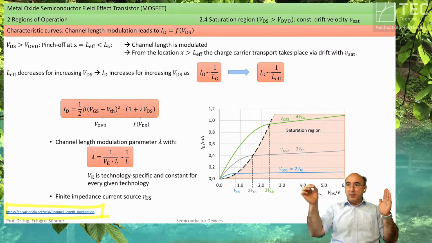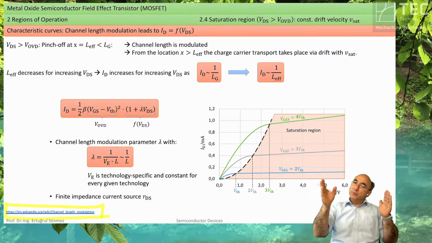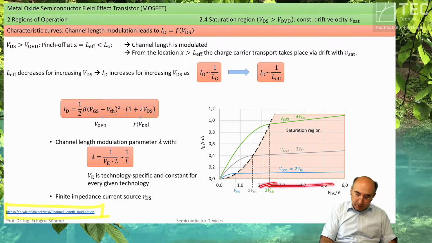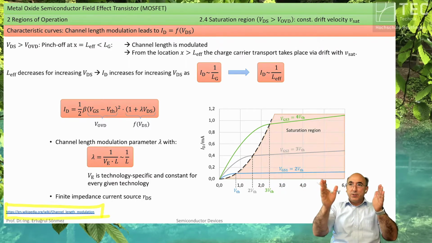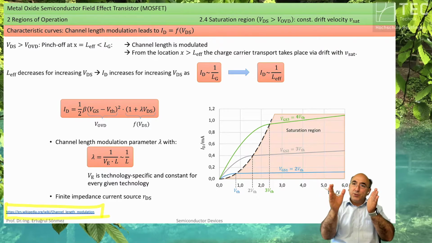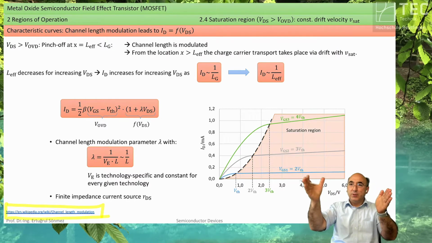If you then apply a certain voltage to the drain, you pinch off. The change in the drain voltage changes the channel length. That point we have learned. This change has a certain proportion to the full length.